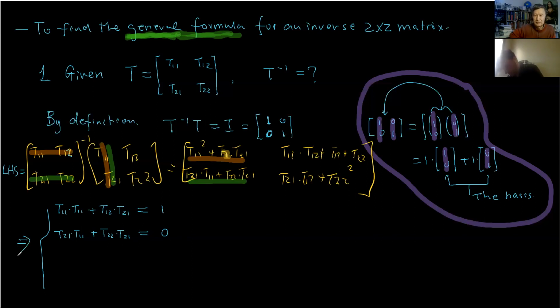Sure. We have T11 times T12 plus T21 times T12. The third one, you mean T11, T21, T21, T12. Sorry. There should be 1 here, and there should be 1 here.